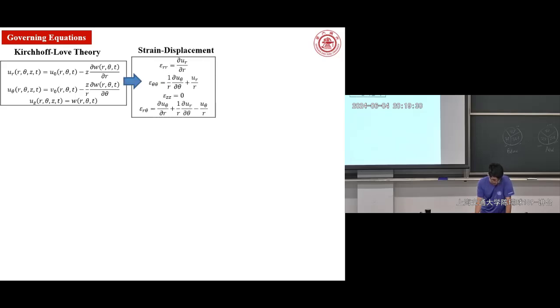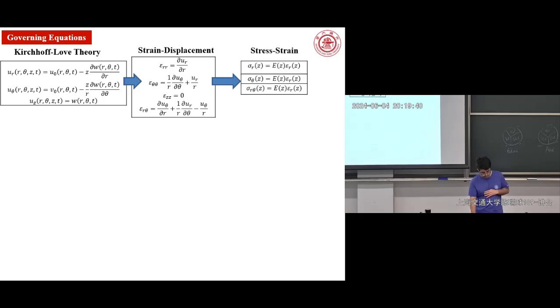After that, based on strain displacement, we are deriving mechanical strain. So based on Hooke's law, we can connect mechanical stress and mechanical strain for FGM materials.